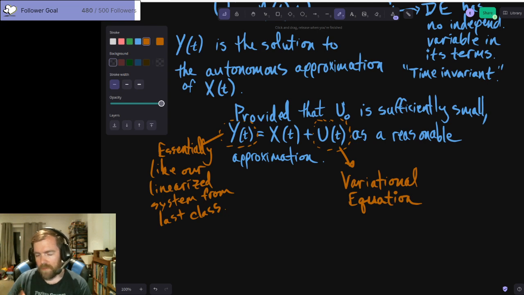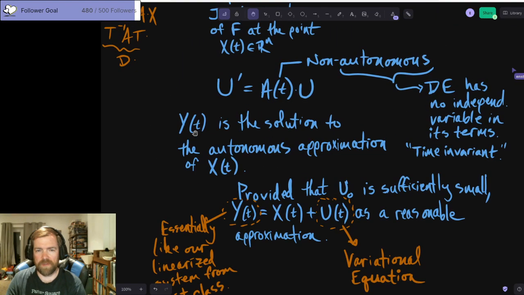Okay, thoughts? What is the autonomous approximation of x of t? So we don't know ahead of time, but y of t is just going to be some system that is a time invariant approximation of our correct solution.